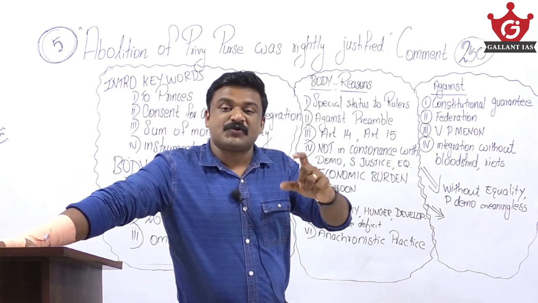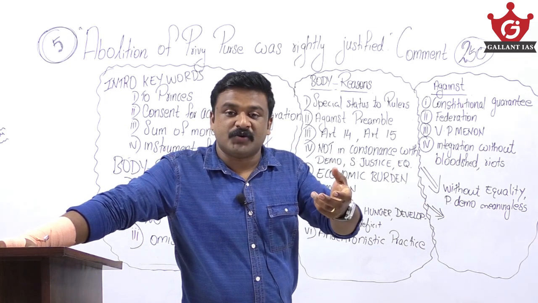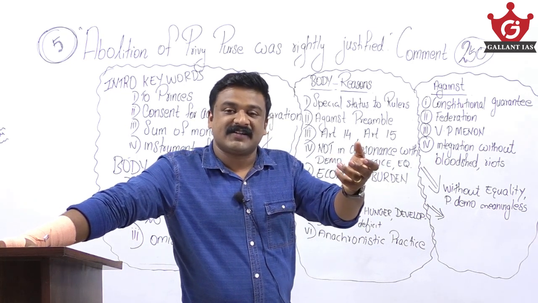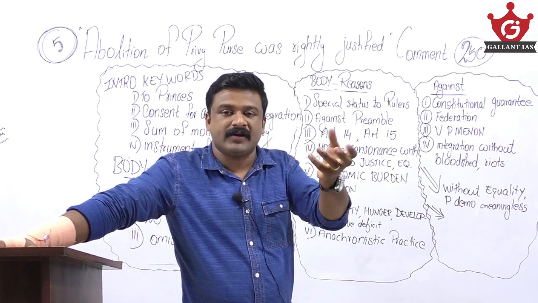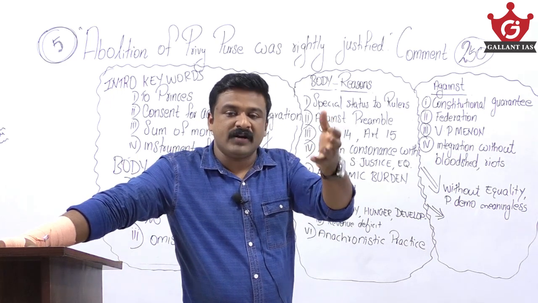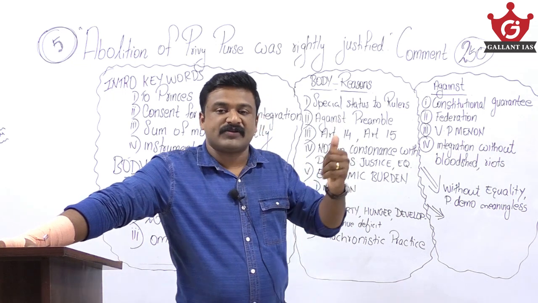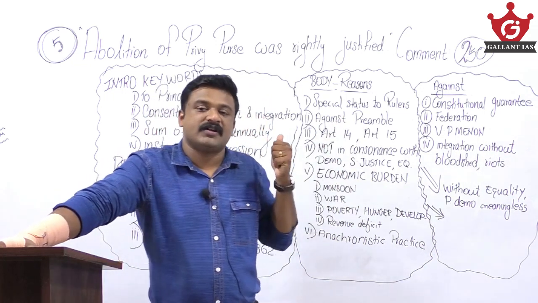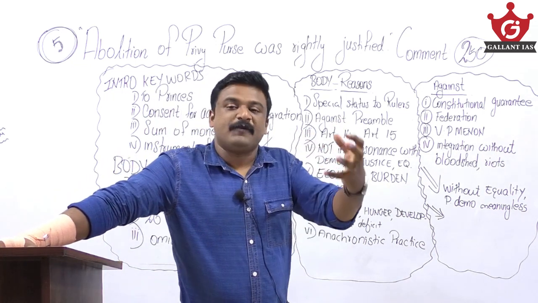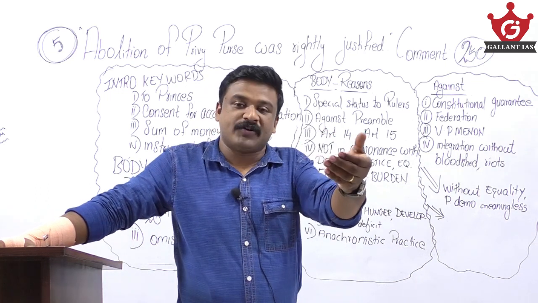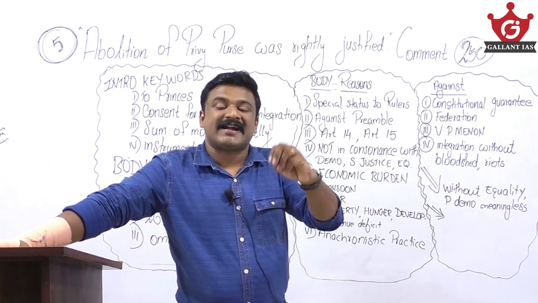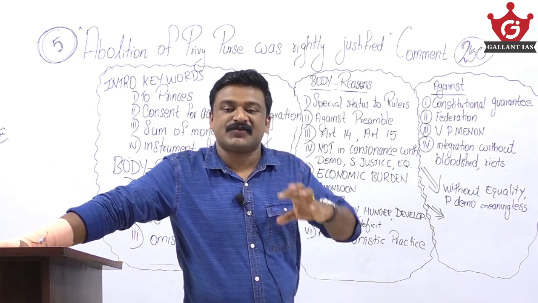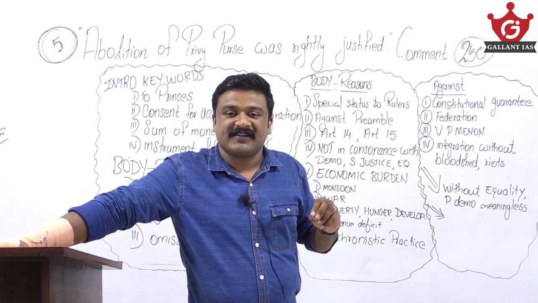Now, privy purses and some privileges were offered to Indian princely states. A privy purse is a specified sum of money annually paid to the ruler if he signs the instrument of accession, if he is ready to join the Indian Union. So privy purses and some privileges were offered to Indian princely state rulers in order to get their consent for signing this instrument of accession.